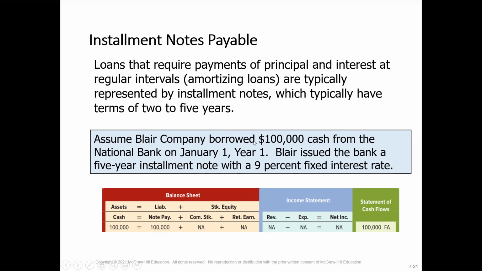Our Blair company, again, borrowed $100,000 cash from the bank. So our cash increases, our note payable increases. And as this note payable is due at a date beyond 1 year from the financial statements, we have a long-term liability. So it would be labeled as such in the balance sheet. And in cash flows, this would be a financing activities event.